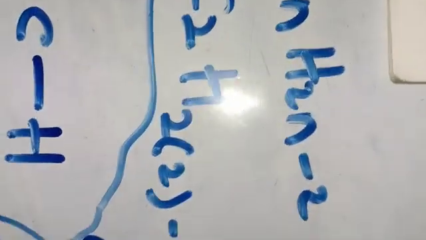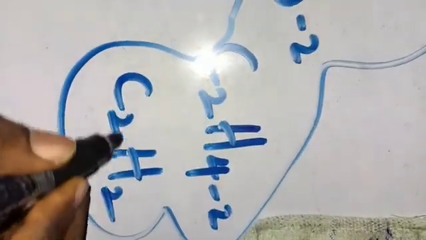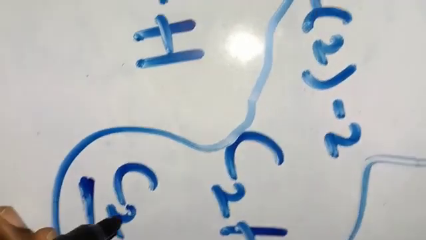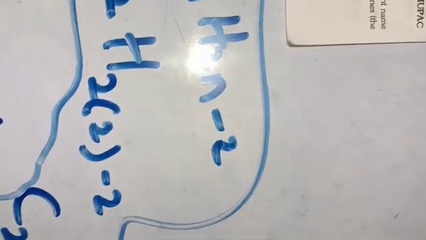So you can find this like this. So you can see C2H2 is alkyne. So this is ethyne because it is 2, and from the family series you have methane, ethane. So this is ethyne.